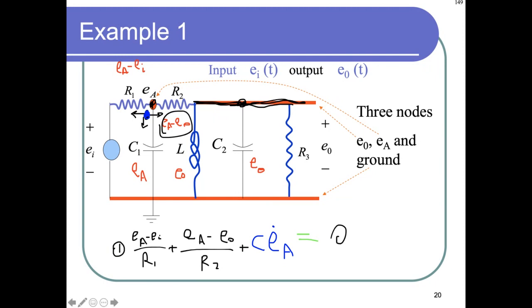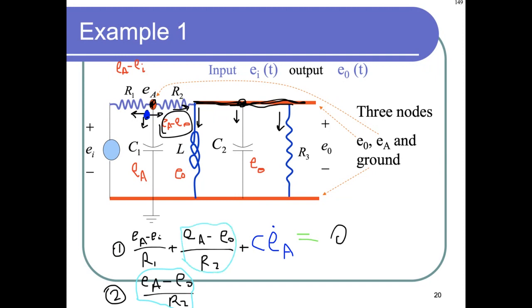So we have this current from R2, the same one, is equal to the current through the inductor plus the current through the capacitor plus the current through R3. So equation 2 simply says we have EA minus E naught over R2. I'll highlight this in green because it's a common element between the two circuits. Or let's say cayenne.